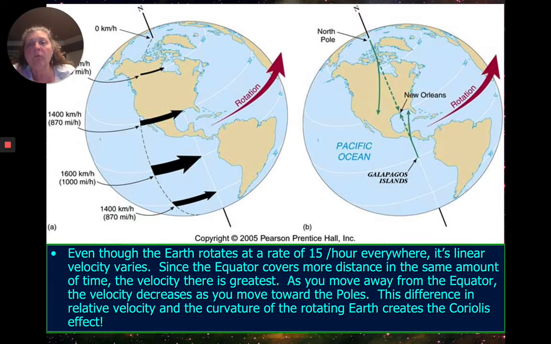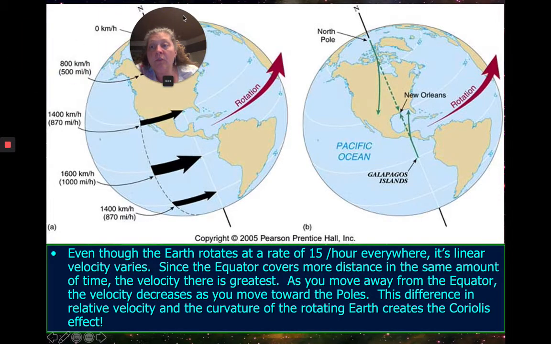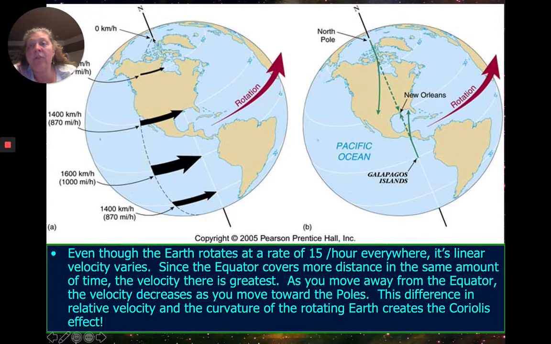To cover that 15 degrees, if you're at the equator, you're going 1,600 kilometers per hour. If you're in northern Mexico or southern United States, you're going about 1,400 kilometers per hour. If you're in northern Canada, you're going 800 kilometers per hour. And if you're at the North Pole, you're going 0 kilometers per hour, because here you're covering more distance in the same amount of time.